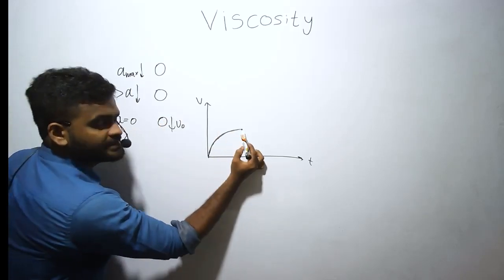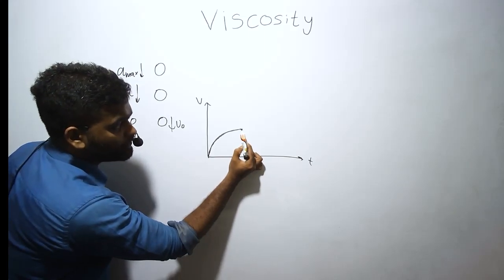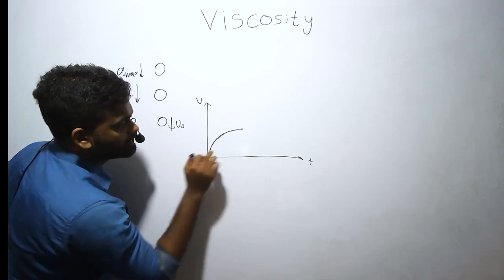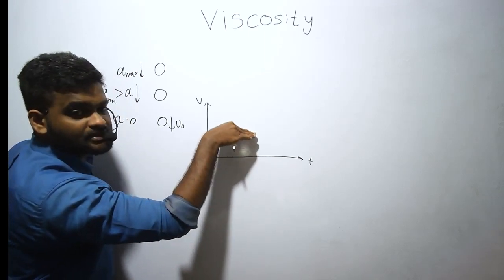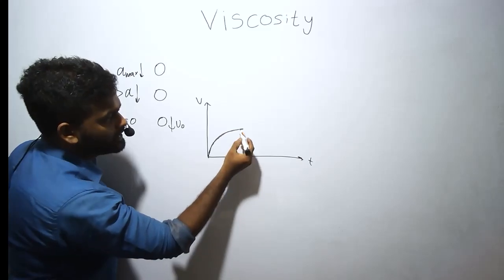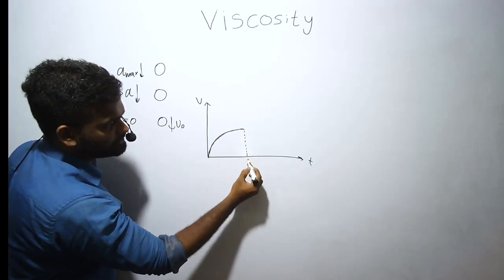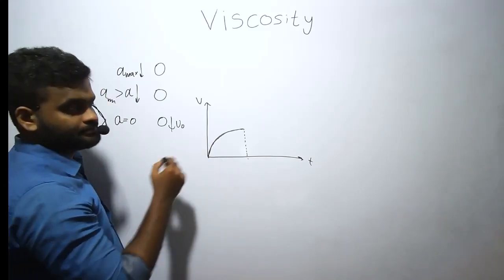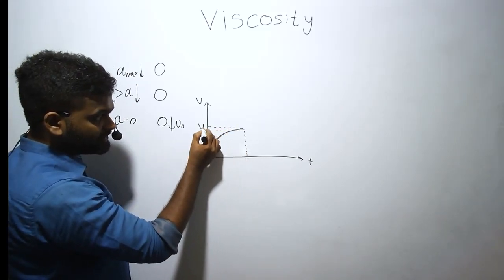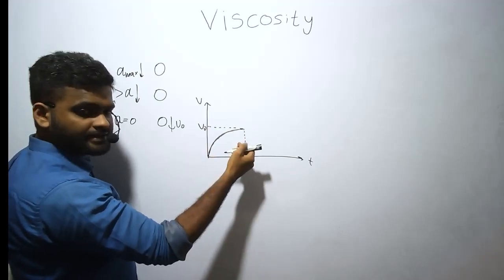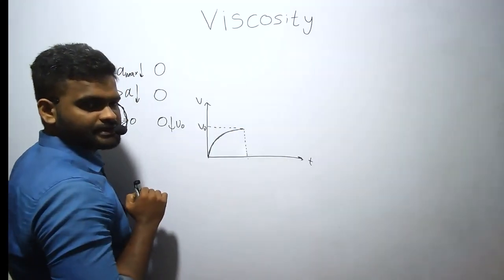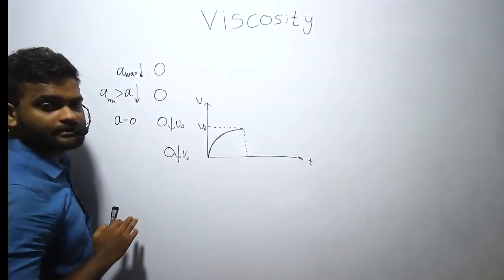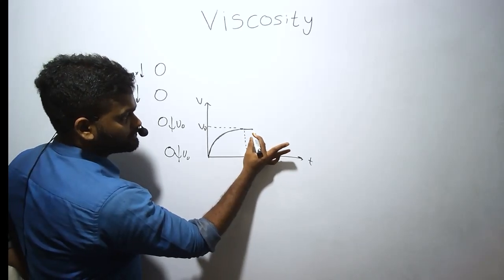So the slope also is 0, meaning at this point it is flat. The slope gradually decreases and becomes 0. Let's say that time is here. After that, it keeps moving at terminal velocity. Now it does not have an acceleration, it just has a constant velocity. So velocity is constant.